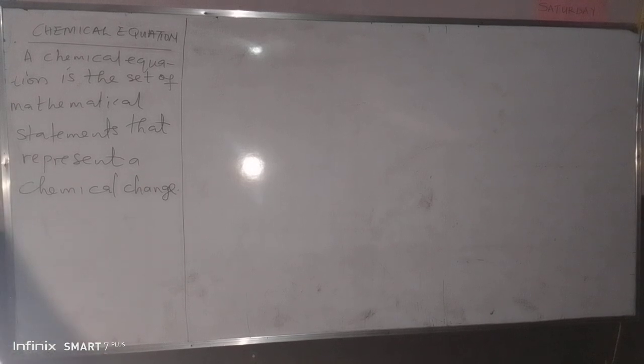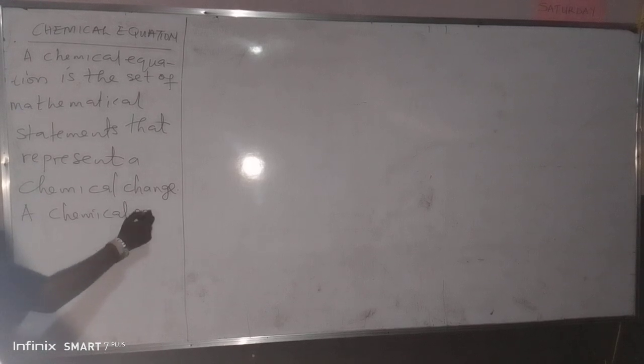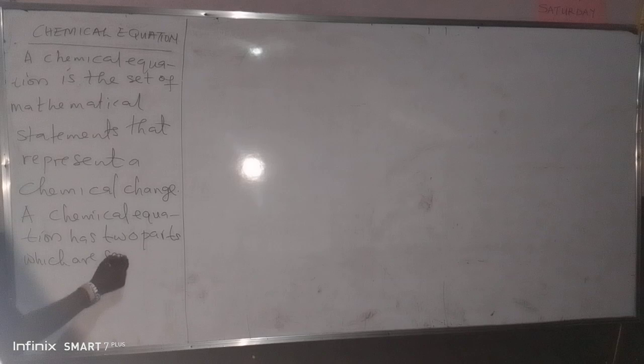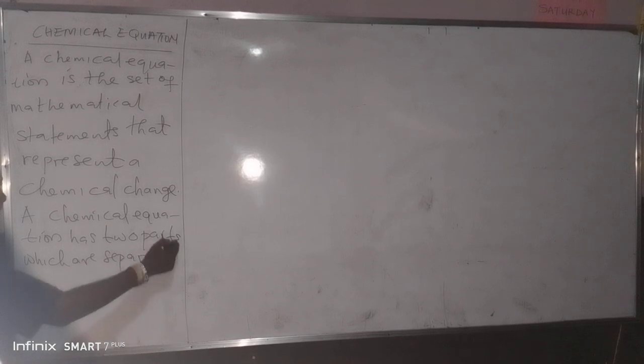So, a chemical equation has two parts which are separated by an arrow.